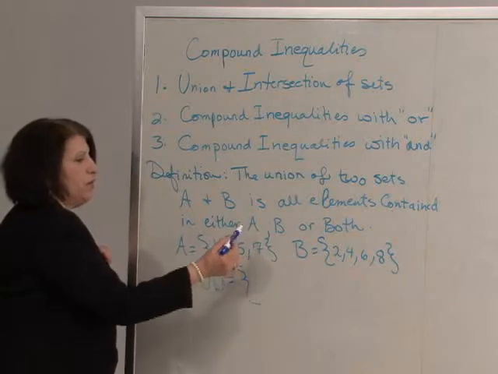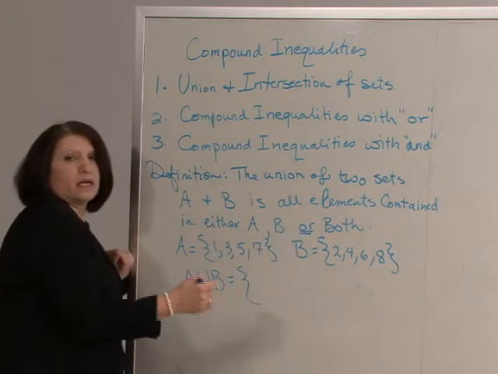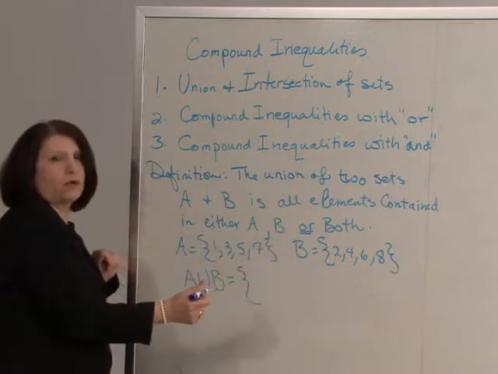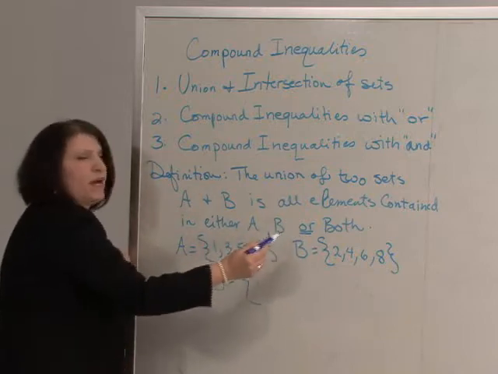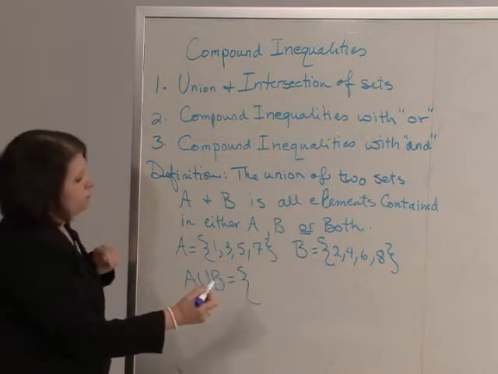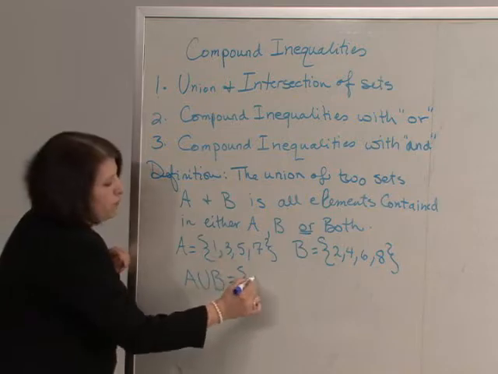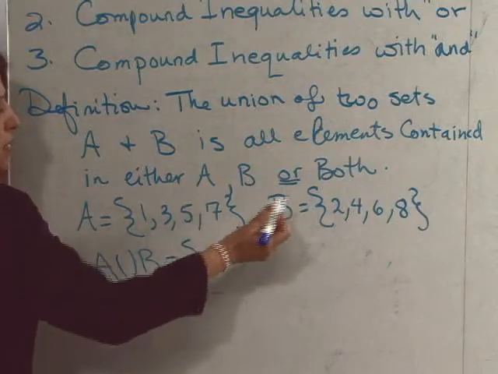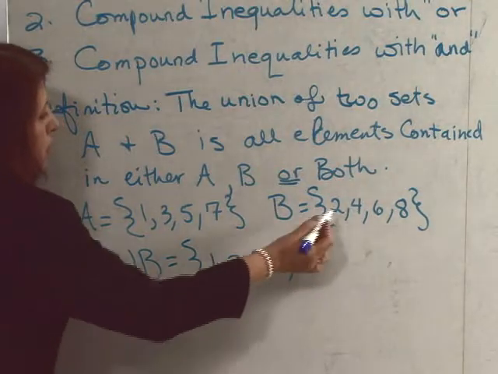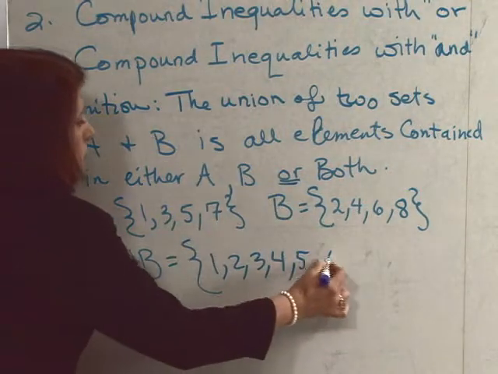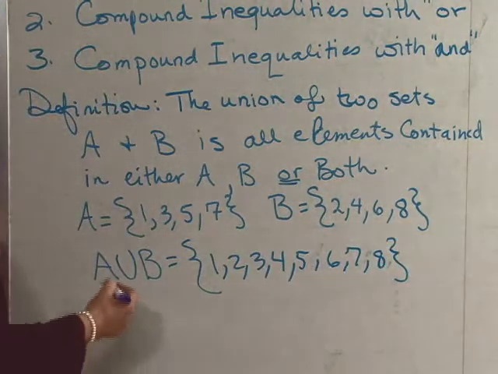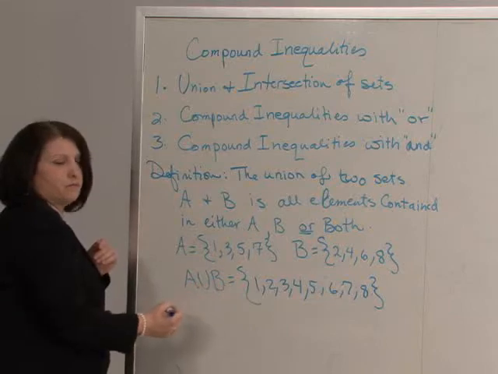And remember, or in mathematics means both, and is not the same as in English, where it means one or the other. So for the union, you take everything in A and B: 1, 2, 3, 4, 5, 6, 7, 8. So that would be the union. So I think the union is the bigger set.